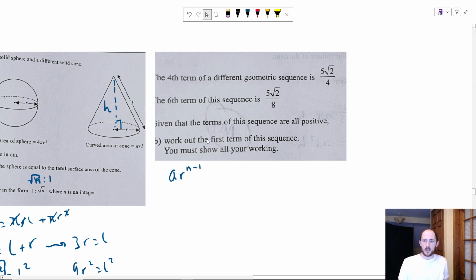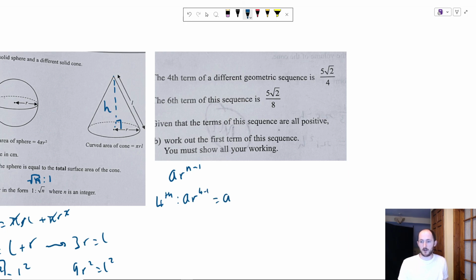So, A is just the first term in the sequence, and R is the common ratio, which is what we need to work out. So, they give me this information here. The fourth term is 5 root 2 over 4. So, I'm going to sub that in. So we have AR to the n minus 1, so that's 4 minus 1.